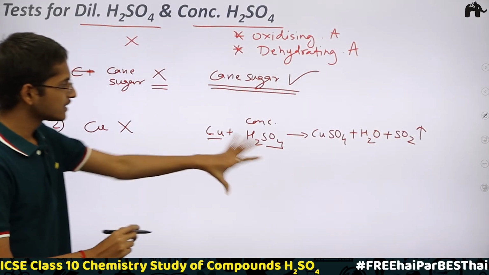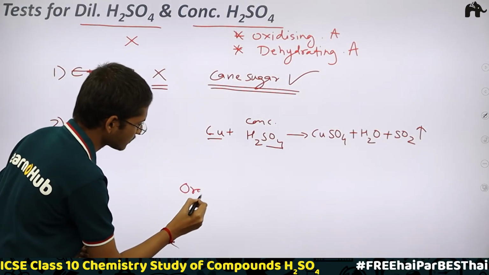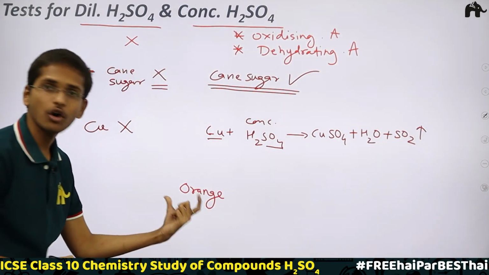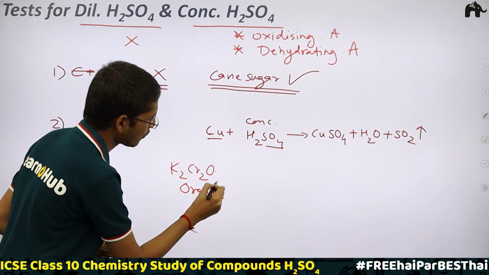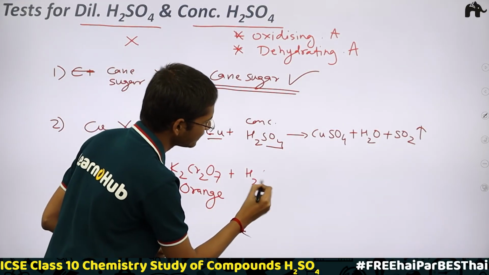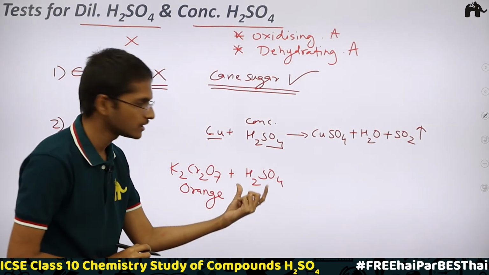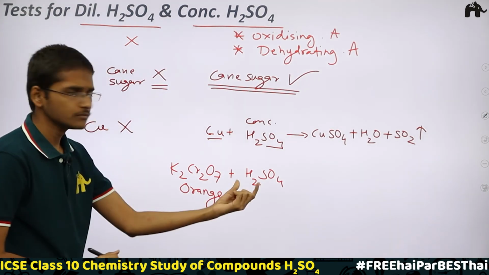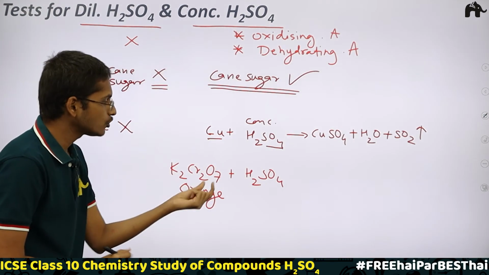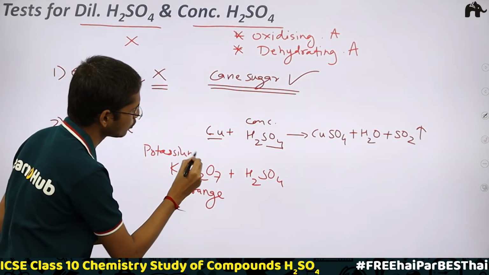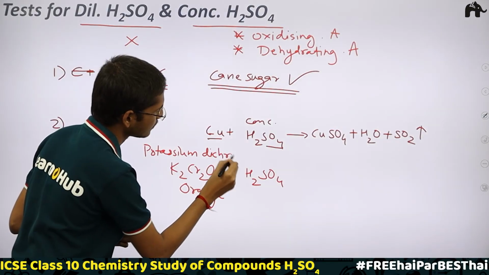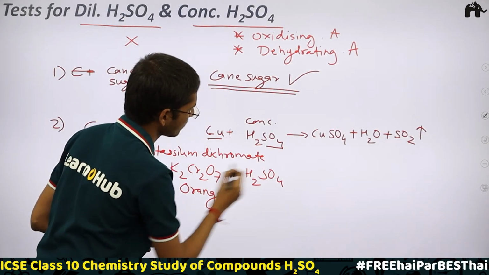What it does, it turns orange acidified K2Cr2O7, potassium dichromate, the acidified one.